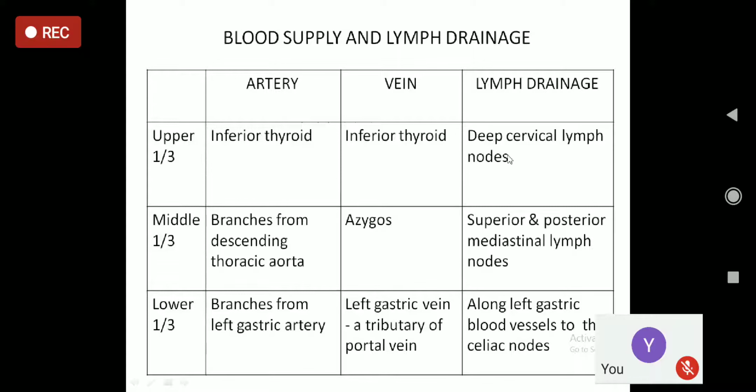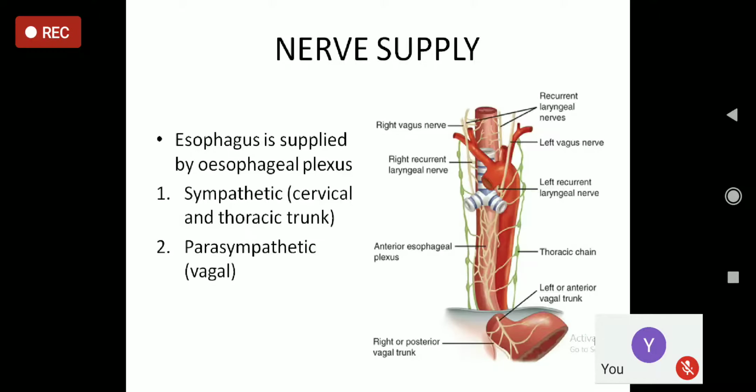So remember, deep cervical nodes for the cervical part, superior and posterior mediastinal nodes for the thoracic part, and via the left gastric vessels to the celiac node for the abdominal part. So this is about the blood supply and lymphatic drainage of the esophagus.